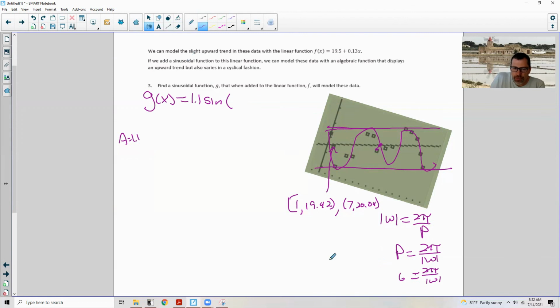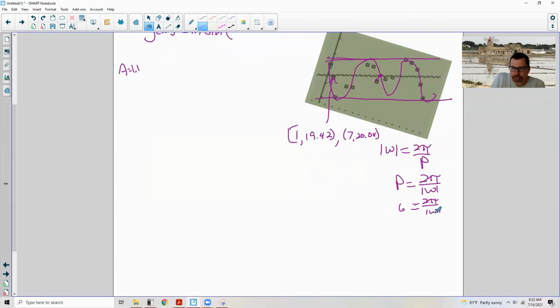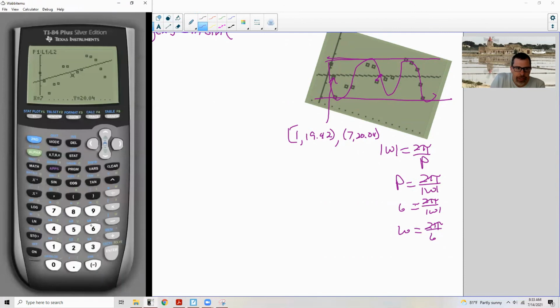Okay, so what I want to do now is solve for omega. So just move that 2 pi over here and we get omega equal to 2 pi over 6, or pi over 3. And what is pi over 3? 1.04, or let's just leave it like that, 2 pi over 6.